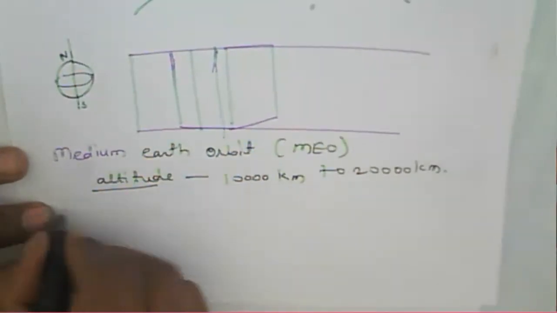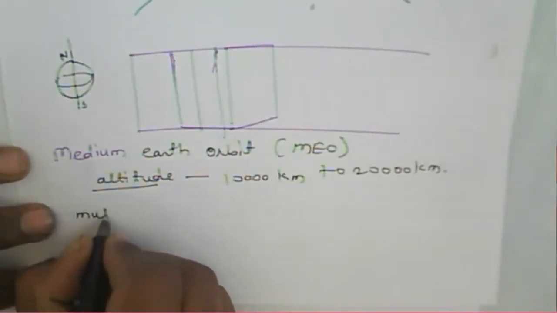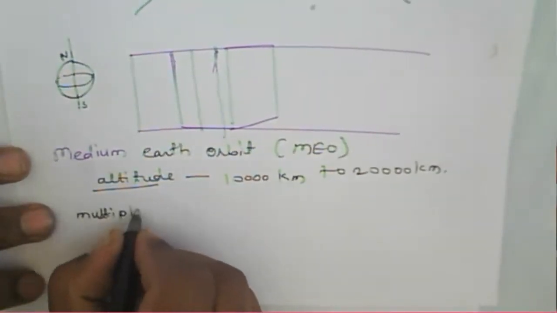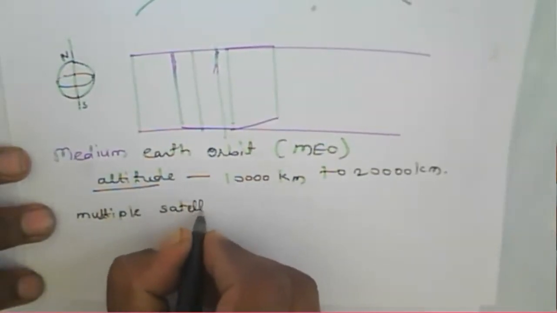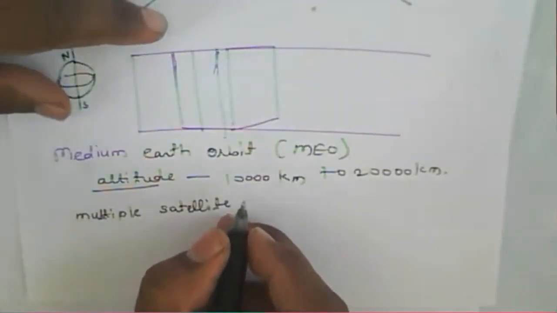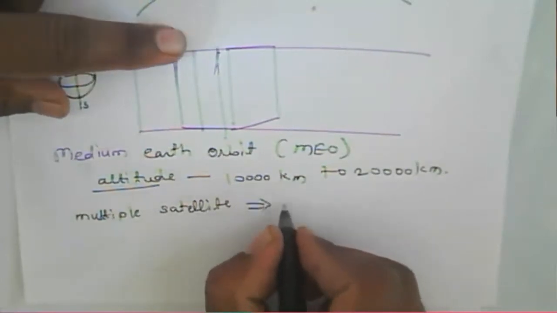Again, in a medium Earth orbit, we require multiple satellites. Multiple satellites are used to form the constellation.